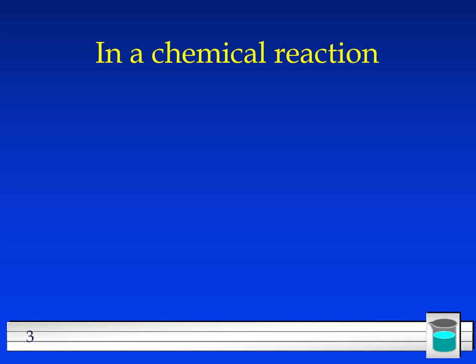So what really happens in a chemical reaction? Well, Dalton already told us, as part of Dalton's atomic theory. He said every element was made up of little tiny pieces called atoms. The atoms of each element were identical to each other, and the atoms from different elements were different. And then he said what happens to atoms in a chemical reaction? Well, they get new partners.